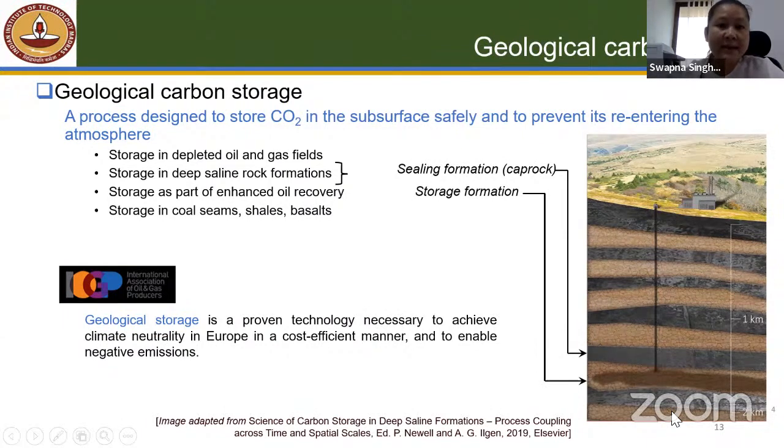We have to choose a site that is porous enough, or the permeability should be good so that CO2 can flow into that rock, and it should also be covered with a cap rock. Cap rock means the storage site where your CO2 is stored should be covered with a layer where the permeability or porosity is zero, meaning the CO2 cannot pass through. And when the CO2 is stored, it reacts with the minerals present in the rocks.